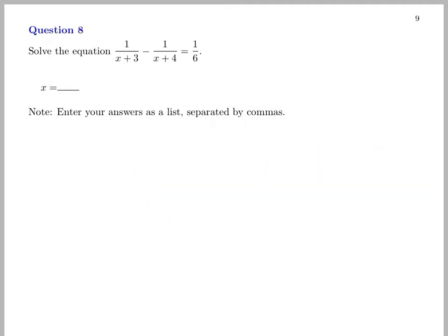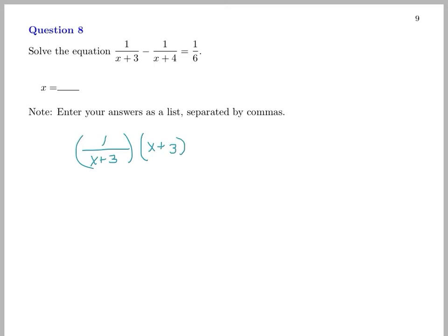In question 8, we also have an equation involving fractions, so I'm going to do the same thing as I did in the previous question. I'm going to multiply every term by the least common multiple, which would just be the product of all those denominators.